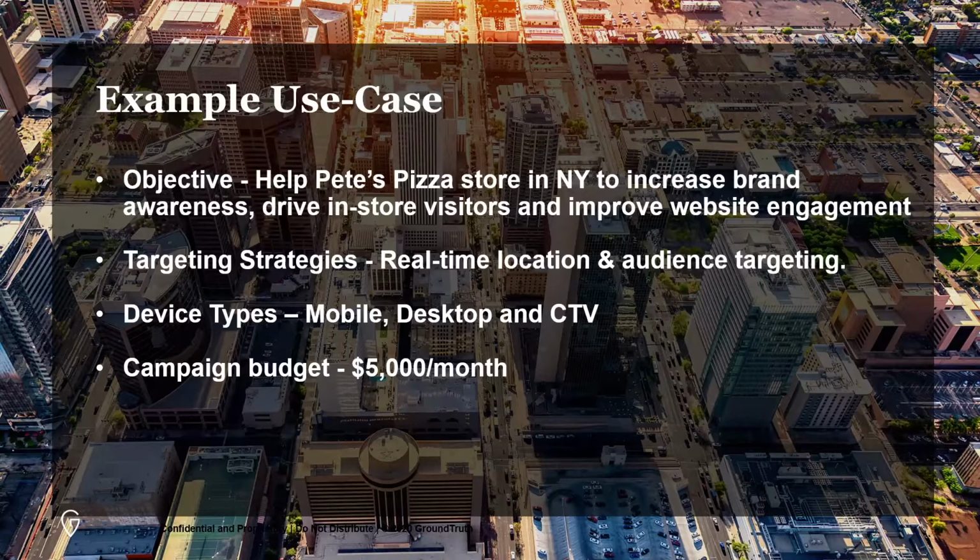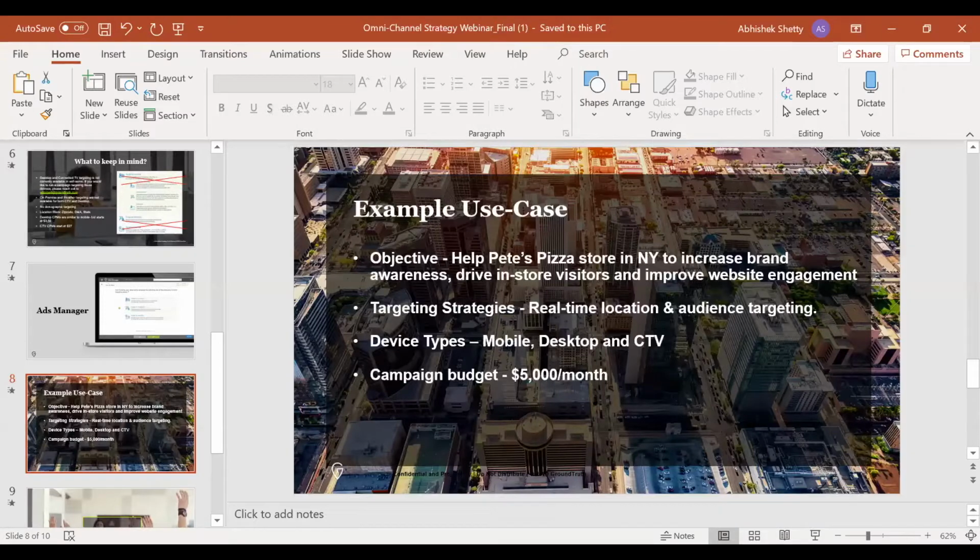We'll be using real-time location as well as audience targeting strategies across all three device types, mobile, desktop, and CTV. For this use case, we are considering a campaign budget of $5,000 per month.